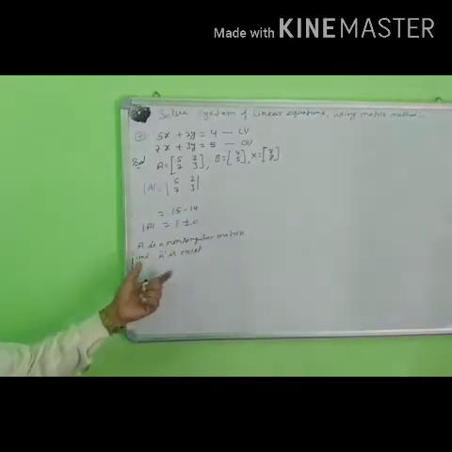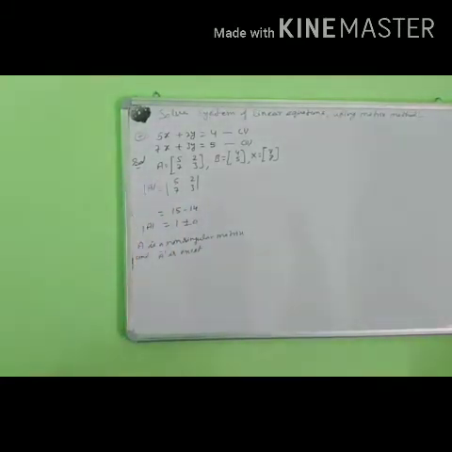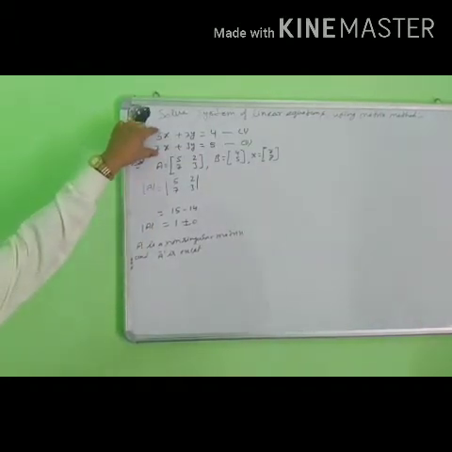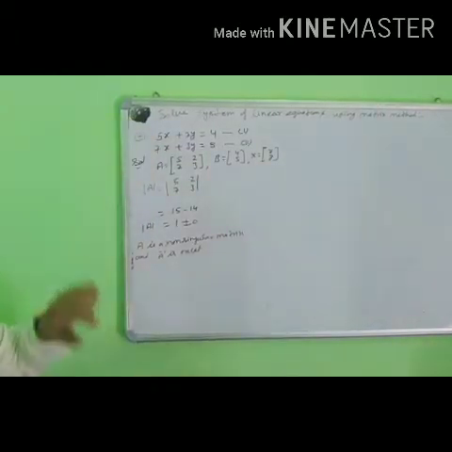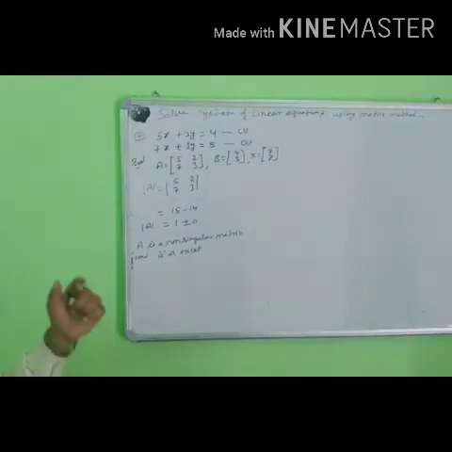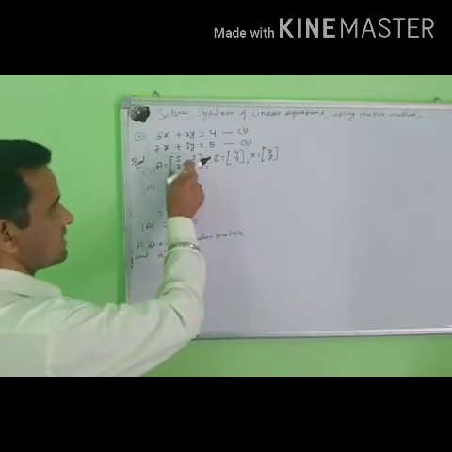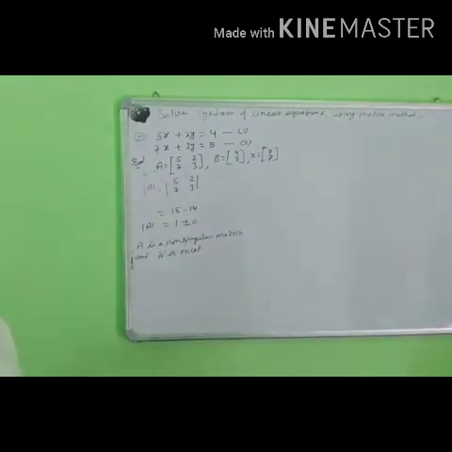If the system of linear equations is consistent, that means it has a unique solution. A inverse exists, so you will find this matrix's cofactors, adjoint and inverse.